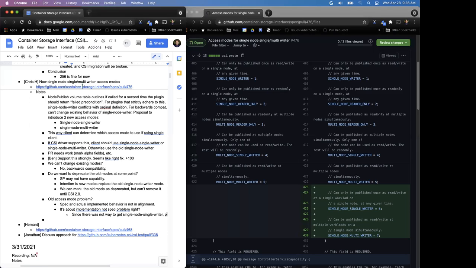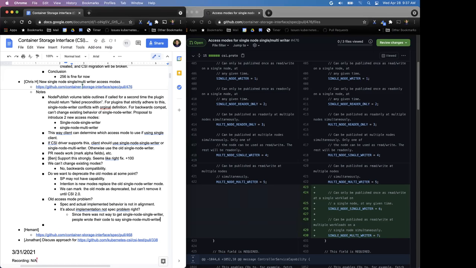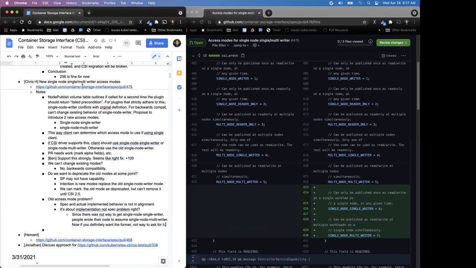And so they're just violating the spec. Now if anybody really wanted the single node single writer semantics, you probably couldn't get it reliably because too many CSI plugins violate the spec. And this gives you a way to definitely get that semantic if you want it. I think Kubernetes violates the spec here, outright actually.